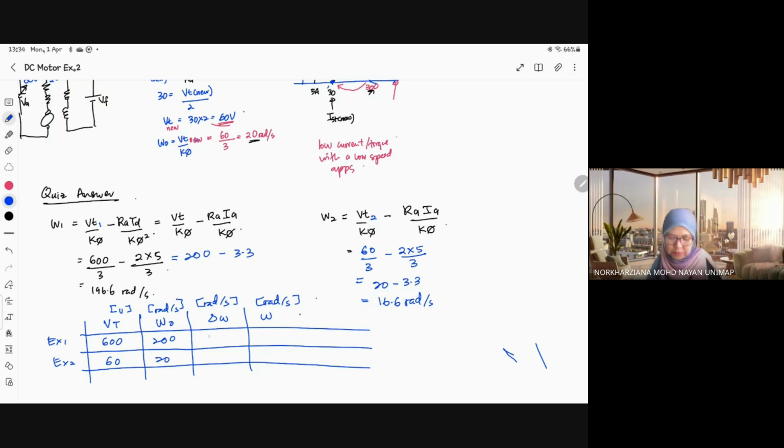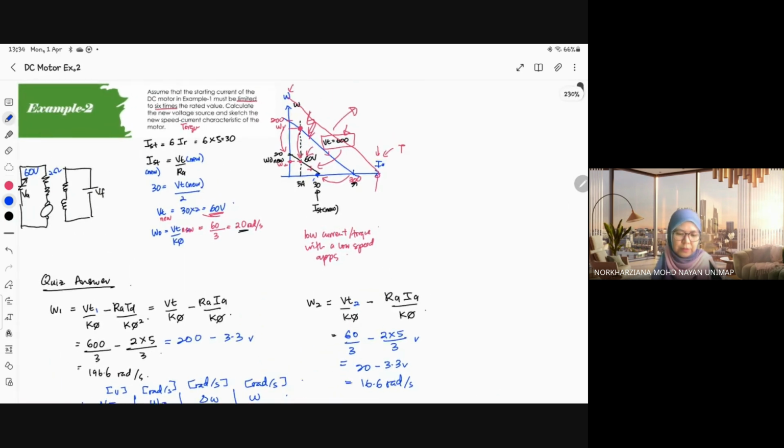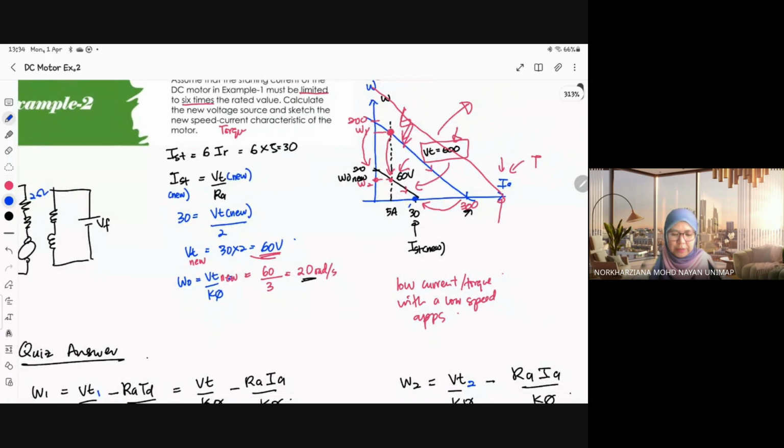Speed drop 3.3. 3.3, look at this. Okay. And then motor speed, that is 196.6, and 16.6. Okay. If you look at this one, you can see example 1 and example 2 here.